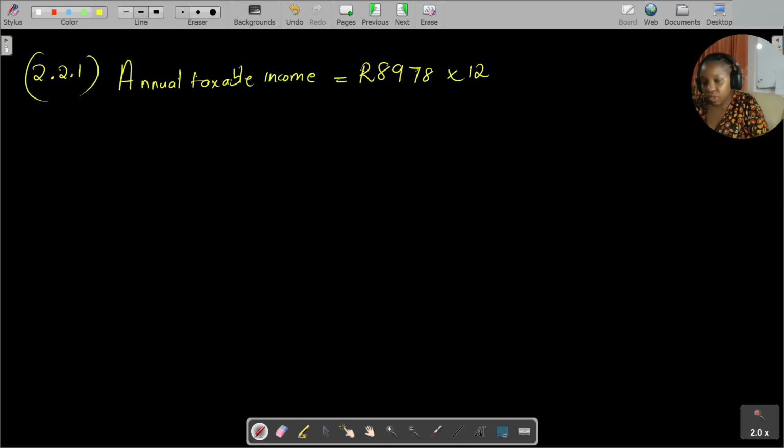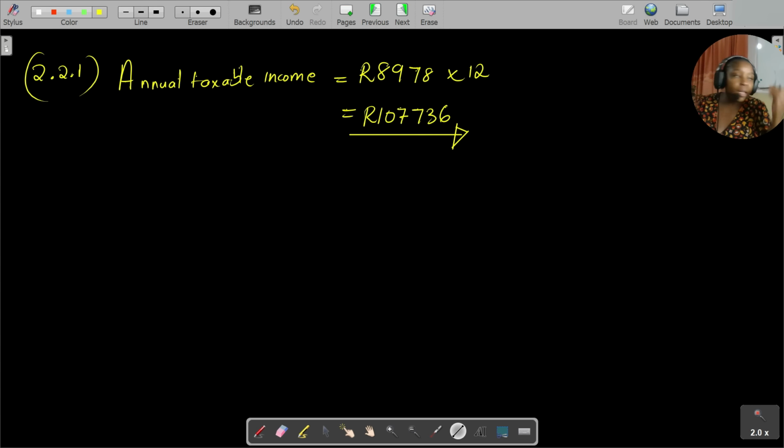So if you multiply it by 12, how much do you get? 8,978 multiplied by 12. You will get 107,736. So that is David's annual taxable income. Okay, the income that can be taxed, right?